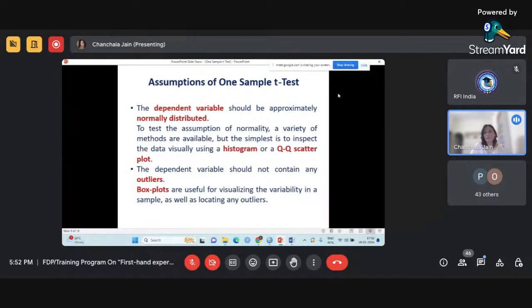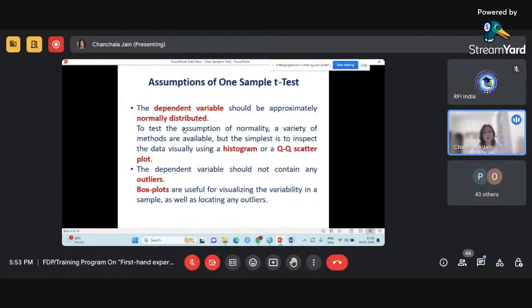So that is why I have mentioned this term here, approximately normally distributed. That means your data cannot follow exactly all the characteristics of the normal distribution, but in some way it is meeting them, or it is very close to those figures, right? So that way we can conclude that the dependent variable is approximately normally distributed.